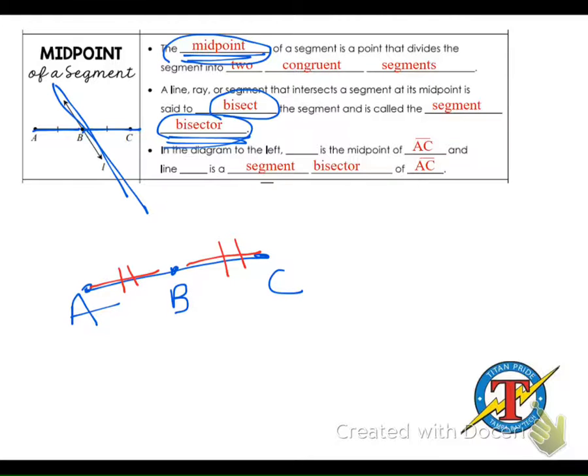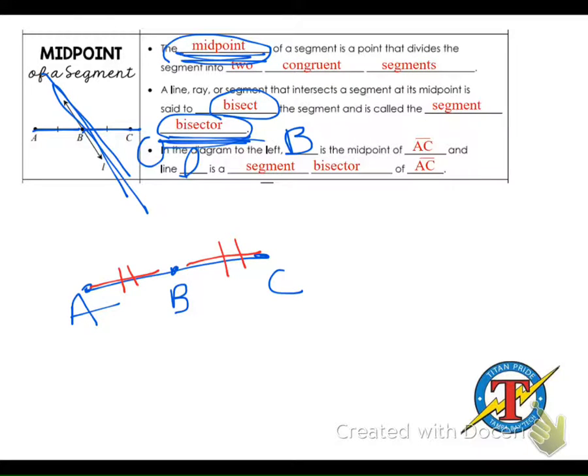Okay? So now this last part right here, in the diagram to the left, what is the midpoint? Well, B is the midpoint of AC. And line blank is a segment bisector. Line L is a segment bisector. Most important thing here, just remember the 2 words, midpoint and bisector. They both mean to cut something perfectly in half.